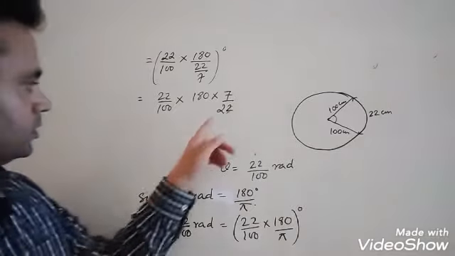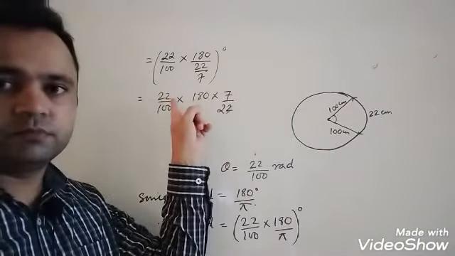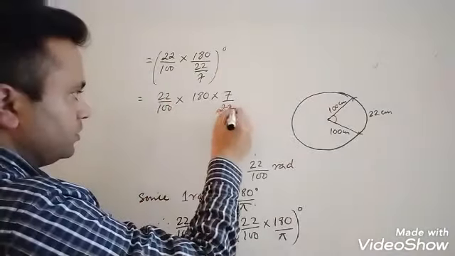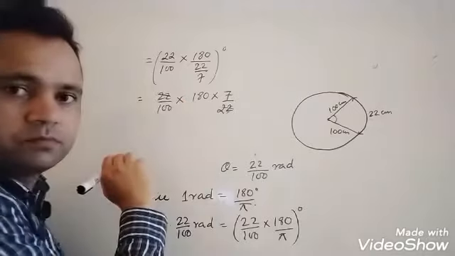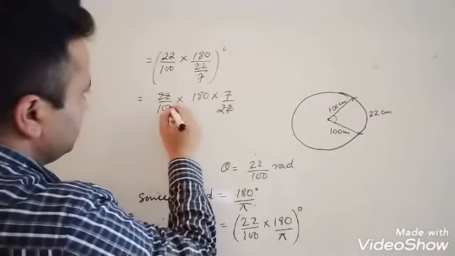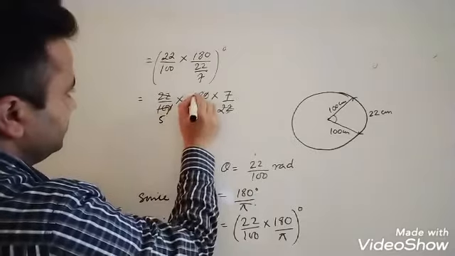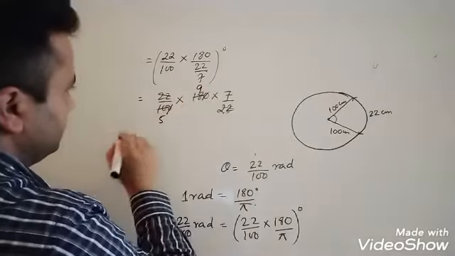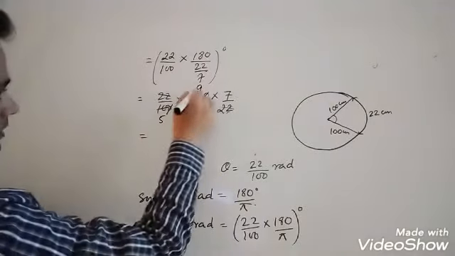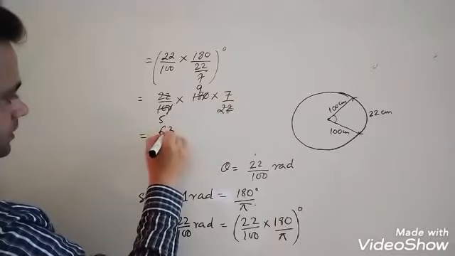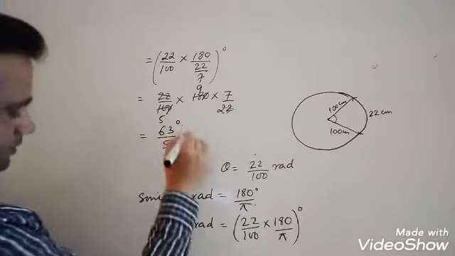Okay, we can cancel 22 and 22. Cancel the zeros as well: 2 fives are 10, 2 nines are 18. Then multiply: 9 into 7 is 63, divided by 5 degree.